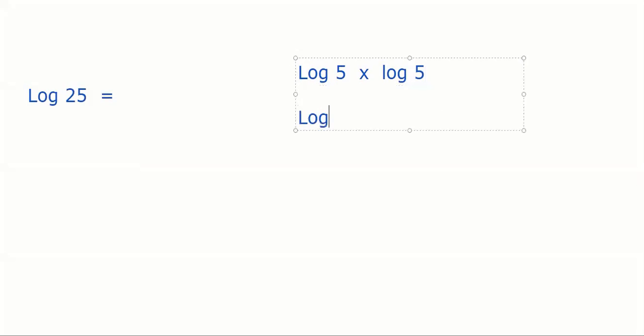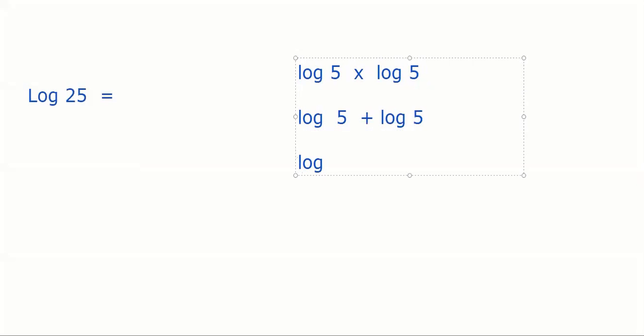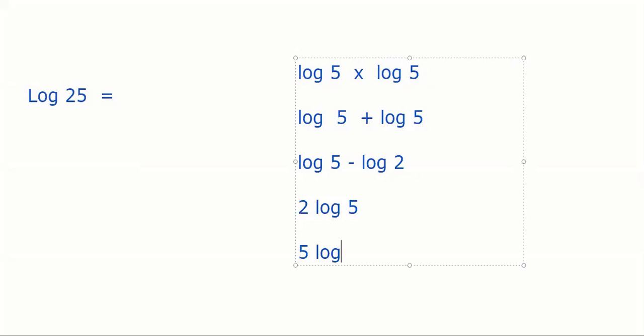Can I write it as log of 5 plus log of 5? Can I write it as log of 5 minus log of 2? Can I write it as 2 log 5? Can I write it as 5 log 2? Which of these is correct, guys?